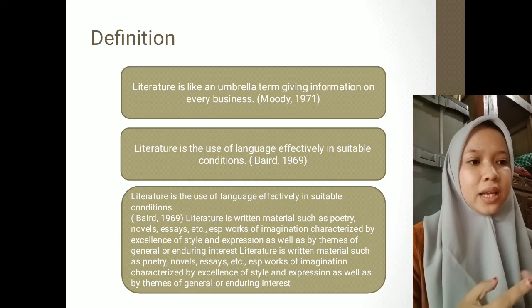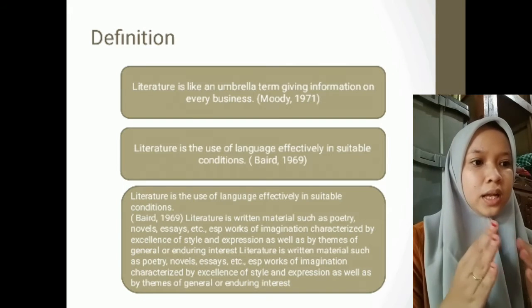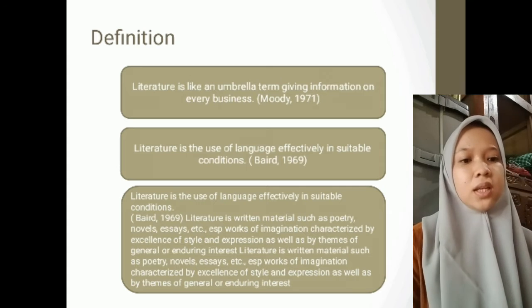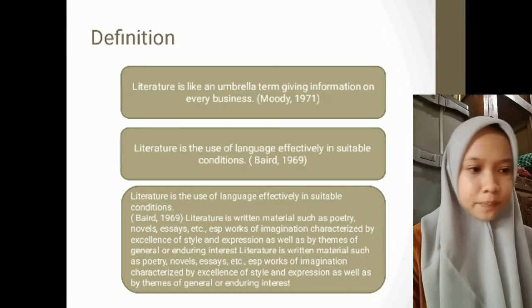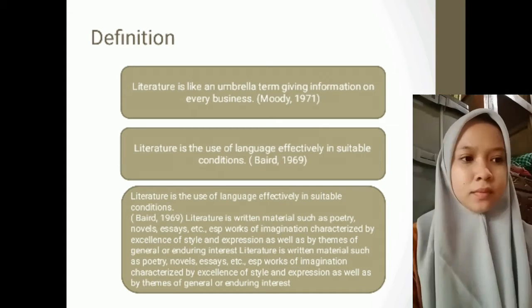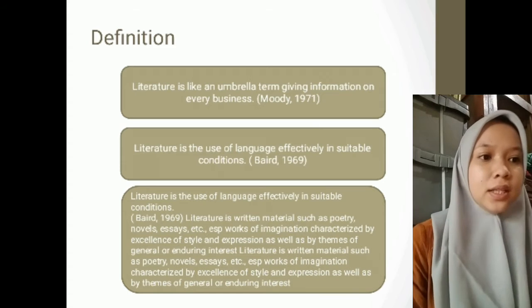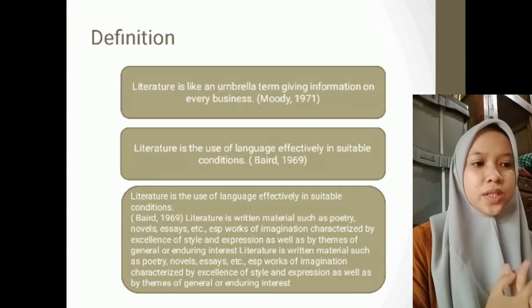Okay, next we move to the definition of literature. Literature is like an umbrella, a term giving information on every business. The next is literature is the use of language effectively in suitable conditions.